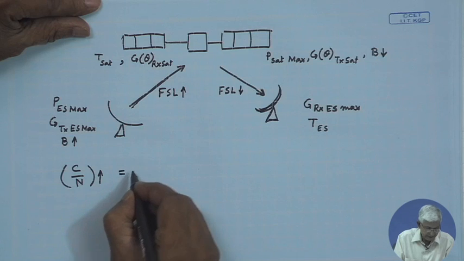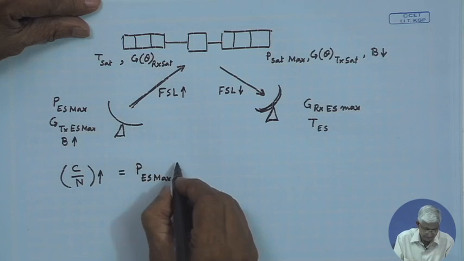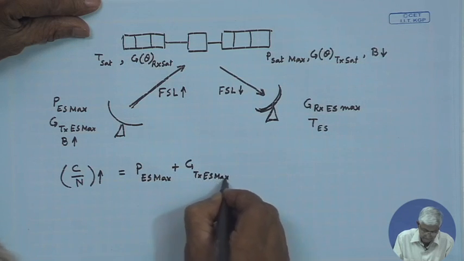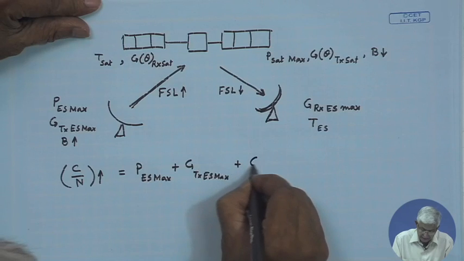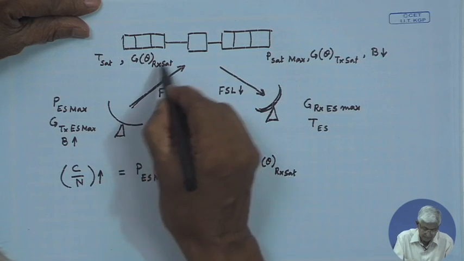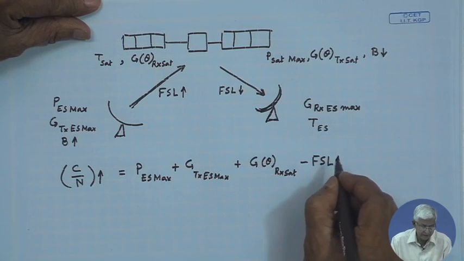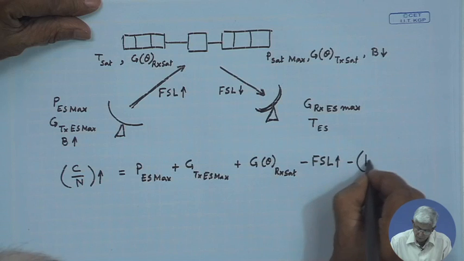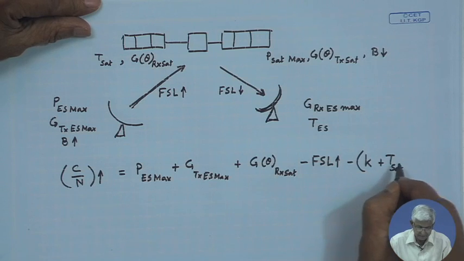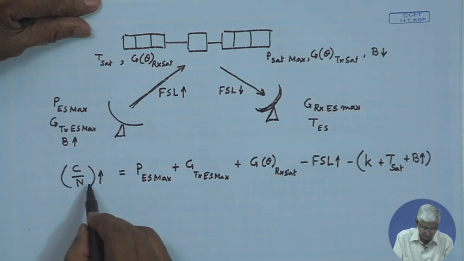So, C by N uplink is the maximum power transmitted from the station, plus the gain of the transmit station maximum, which is pointed properly, plus the gain of the satellite receive antenna with the angle theta, G theta, minus the free space loss, which is the path loss in the uplink, minus the Boltzmann constant, minus the system noise temperature of the satellite, and of course, minus the bandwidth, because we have taken C by N.